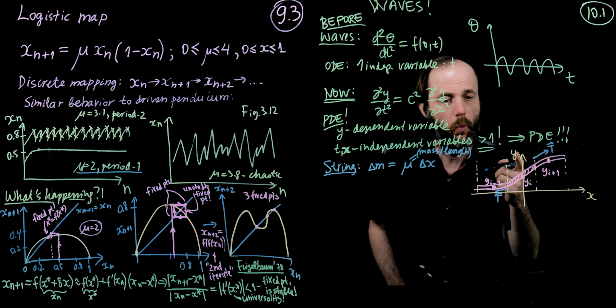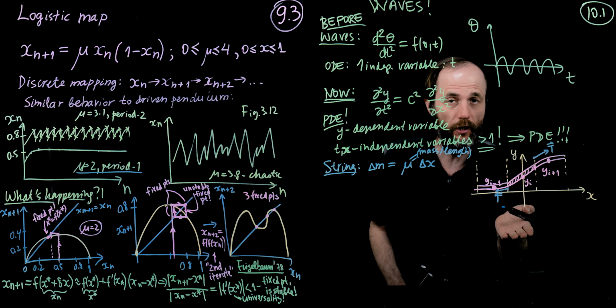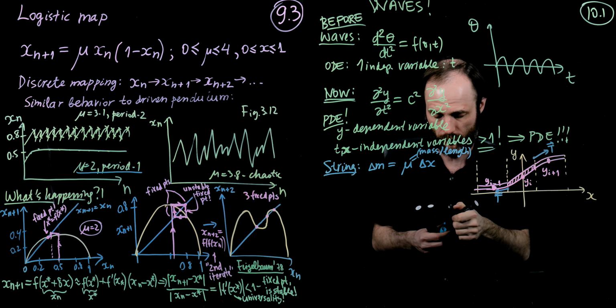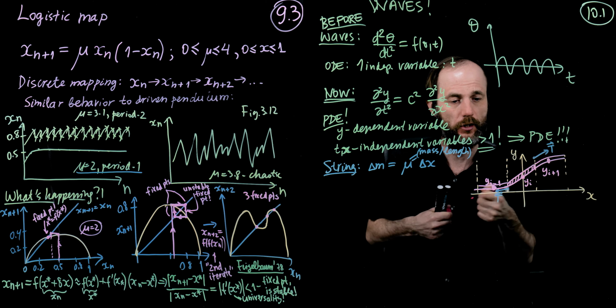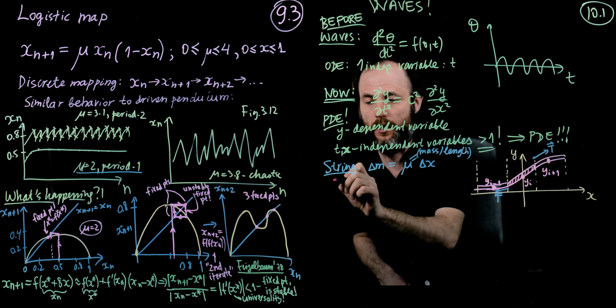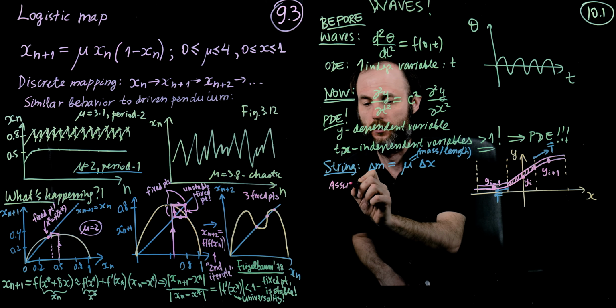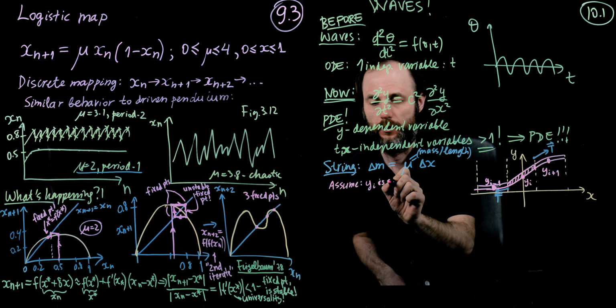So what will be the equations of motion of the string if it can only move in one dimension, up or down? And we also will assume that the displacements of this string are small. So we're going to assume that yi is small.